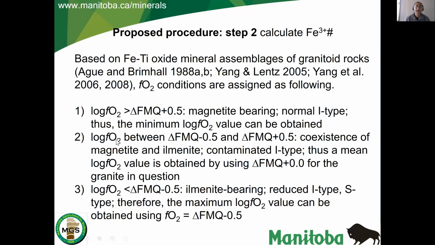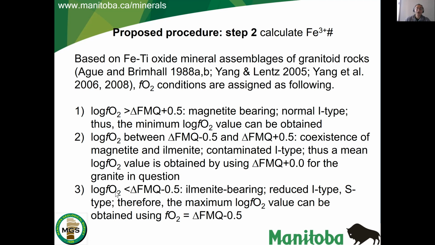If the log value is between the FMQ buffer of -5 and plus 0.5, that indicates coexisting magnetite and ilmenite bearing granitoids. Usually these are contaminated I-type granites. So the mean log oxygen fugacity value can be obtained by using just this buffer line.